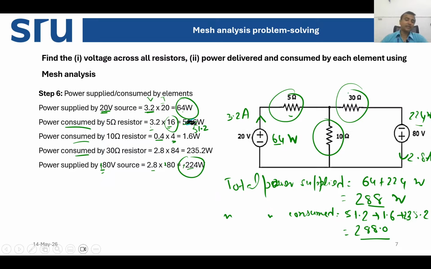So this is basically nothing new. This is another manifestation of the conservation of energy. So we have also verified the law of conservation of energy by this mesh analysis problem. Okay.